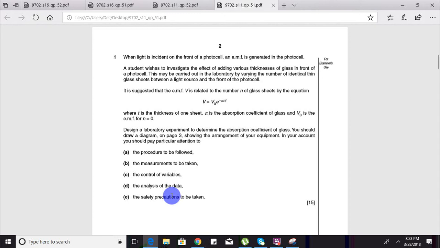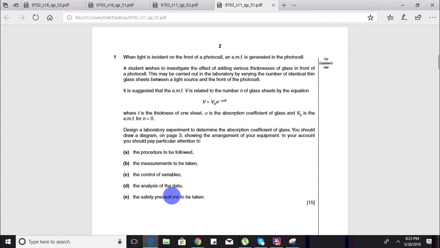And how do you make sure that the intensity is the same each time? You do that by ensuring that the power is the same each time, and for that you can have an ammeter and a voltmeter, as well as a rheostat, and you can change the value of the rheostat to ensure that the ammeter reading and the voltmeter reading are more or less the same throughout, so the intensity can be assumed to be the same.